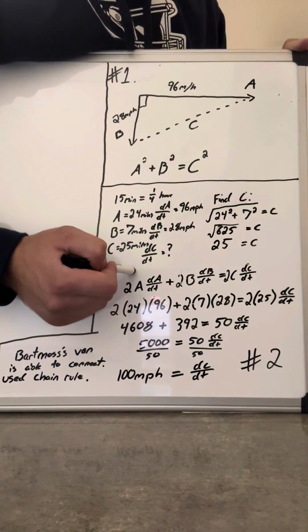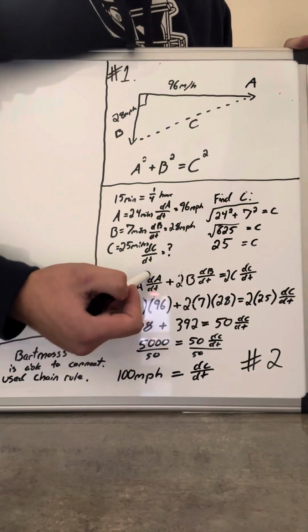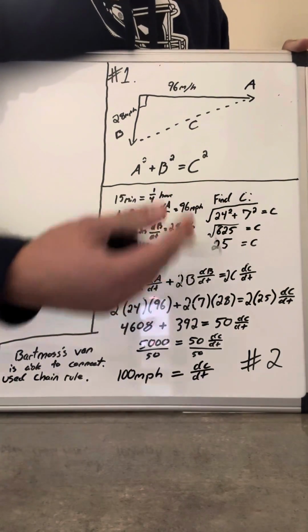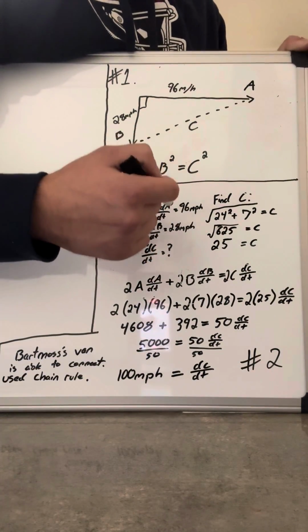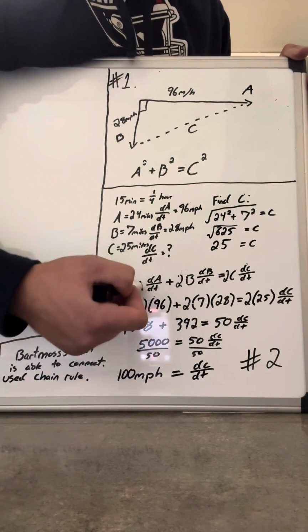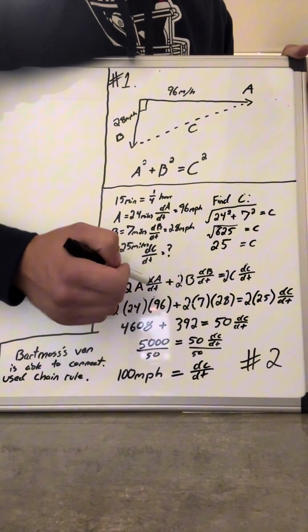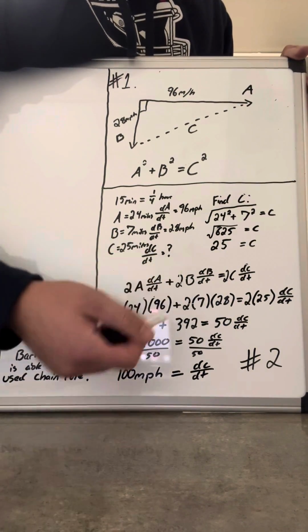We need to use the chain rule in order to find dc over dt, because A, B, and C are not in respect to themselves, they're in respect to time. So you can't just do 2a, 2b, 2c. You have to do 2a times dA over dt, because it's in respect to time.